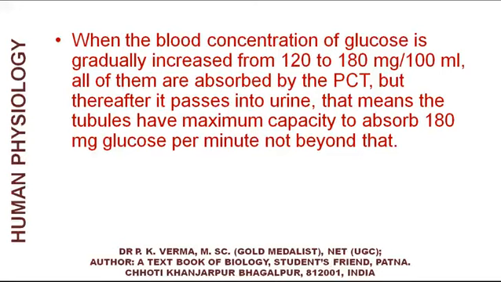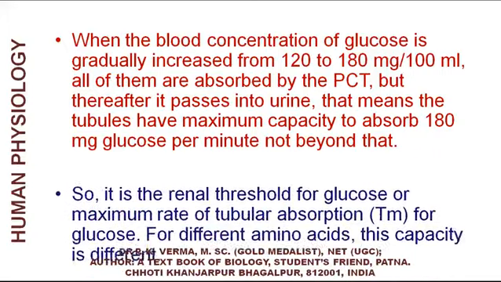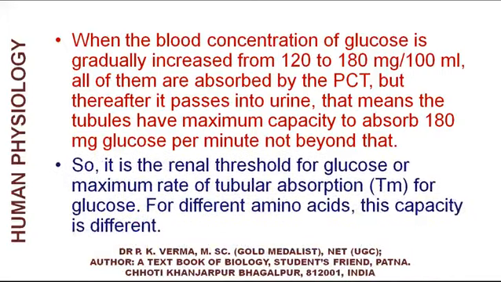That means the tubules have a maximum capacity to absorb 180 milligram glucose per minute, not beyond that. So it is the renal threshold for glucose, or the maximum rate of tubular absorption, Tm, for glucose.